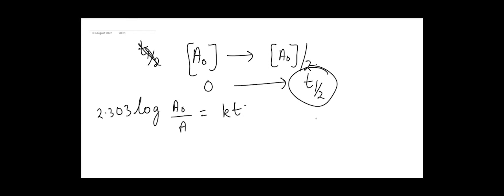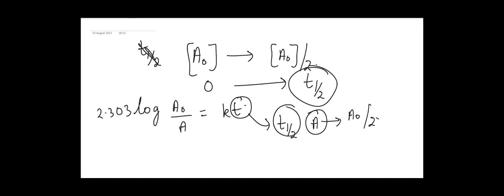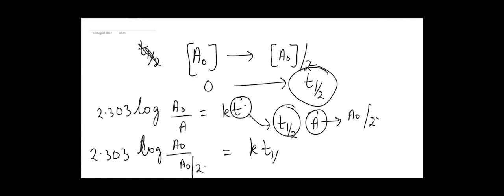Now here if we consider the final concentration a to be a naught by 2, then the time automatically becomes the half-life time. So 2.303 log of a naught by a naught by 2 is nothing but k times half-life.